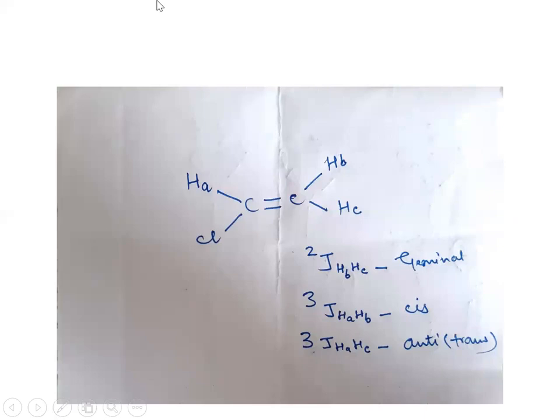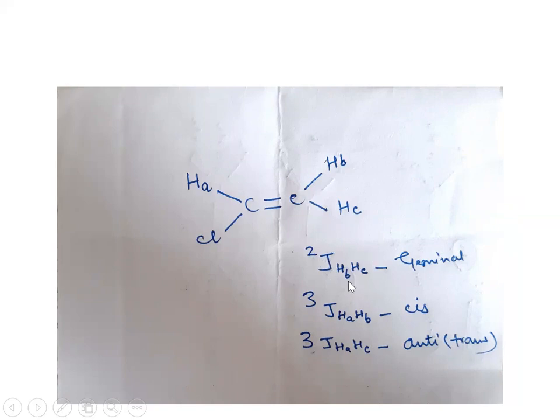With the help of this example, you can see J with n equal to 2 for HB and HC. These two types of protons are separated by two bonds from each other, so we mention n equal to 2, and HB and HC are the protons coupling with each other.